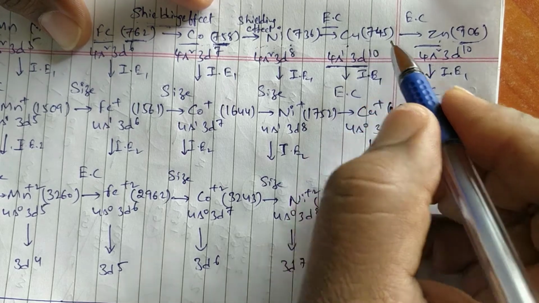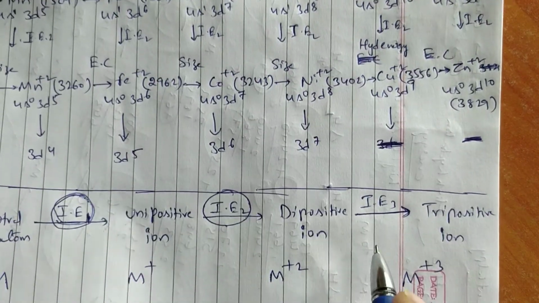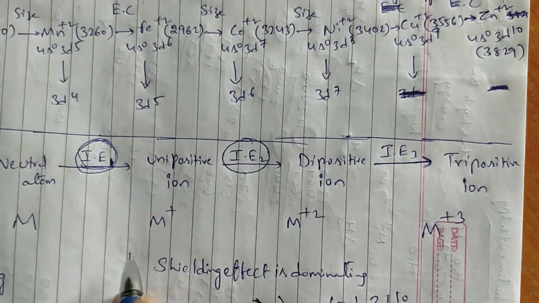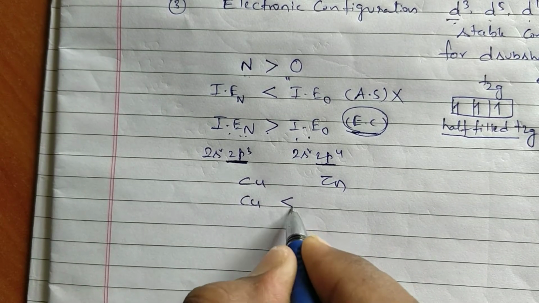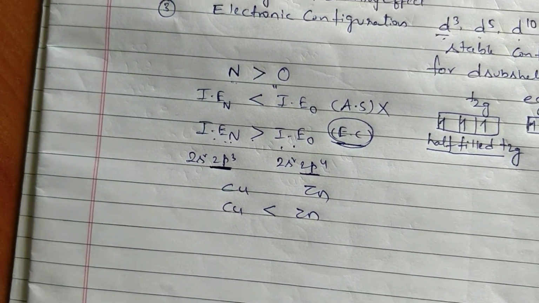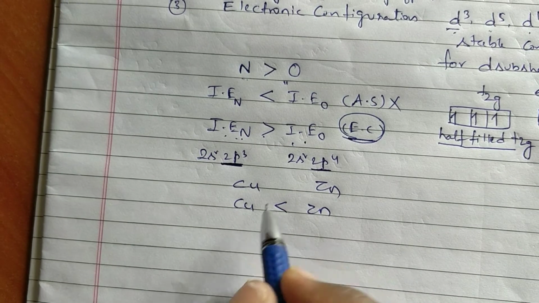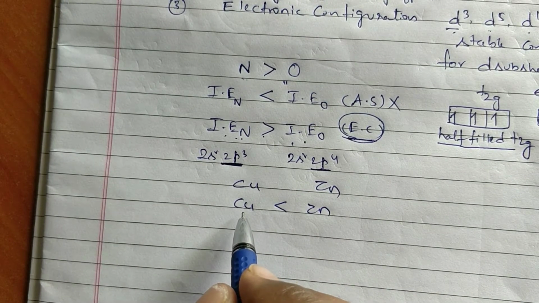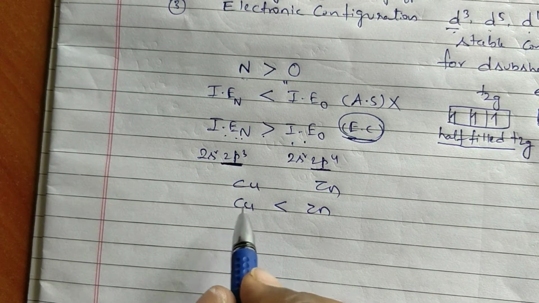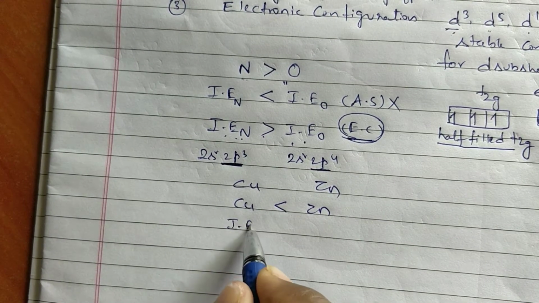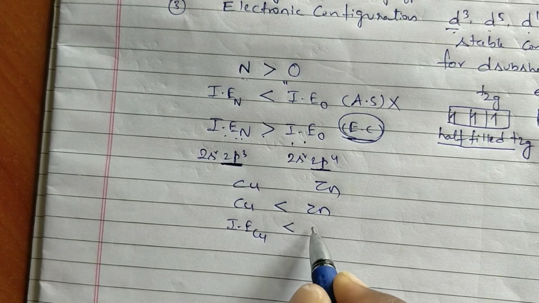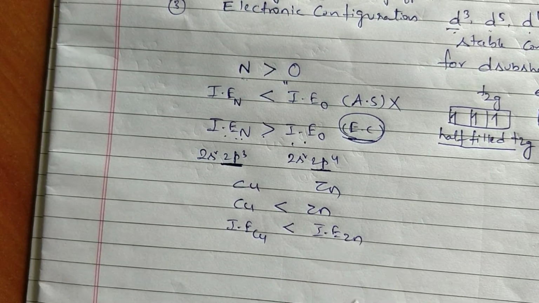According to our graph, the atomic size of copper is smaller than zinc. Then we would think copper has higher ionization energy than zinc, but in practical values, the ionization energy of copper is smaller than that of zinc.